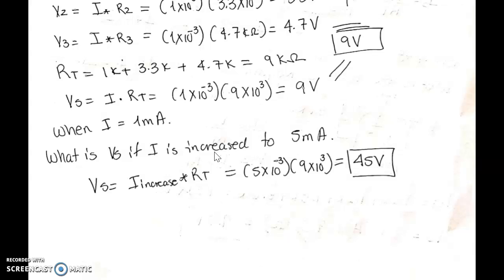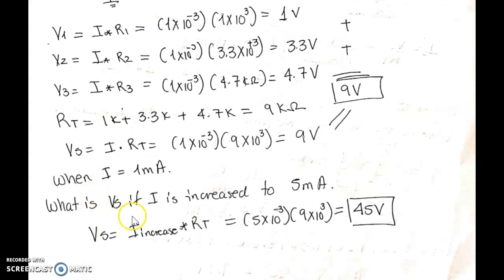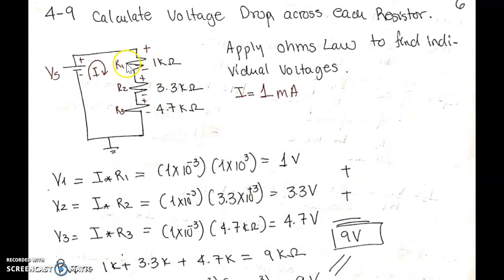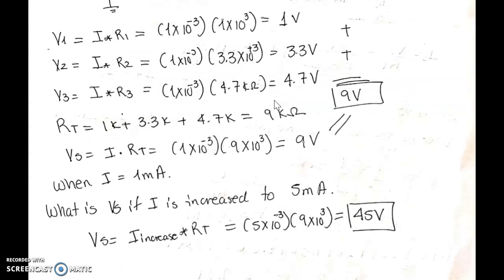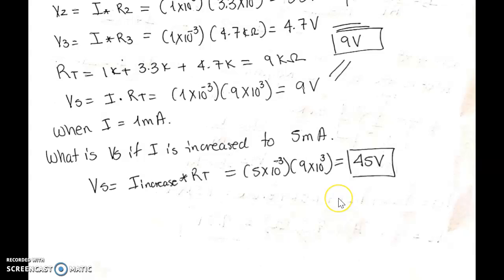Now it says, what happens to the voltage source if the current is increased to 5 milliamps? So now we have the same resistor values, but now my I goes from 1 milliamp to 5 milliamps. So what do we expect? We expect that the voltage is going to be increased, assuming that the resistance is going to stay the same. Why? Because of the definition.